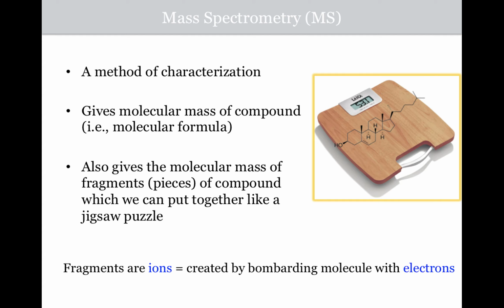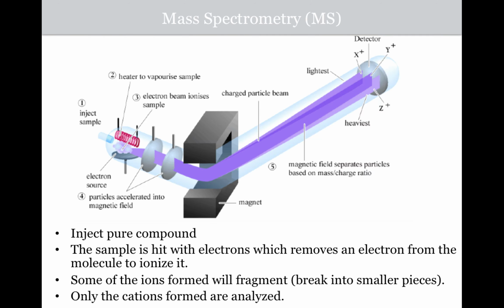It's like cutting the molecule into small pieces. If you throw a brick at a window, it will break into small pieces, but each time you throw the brick at a new window, it will shatter differently each time. So similarly, it's going to be the same in this one.